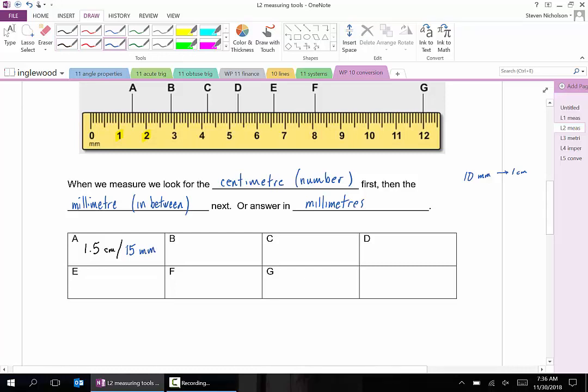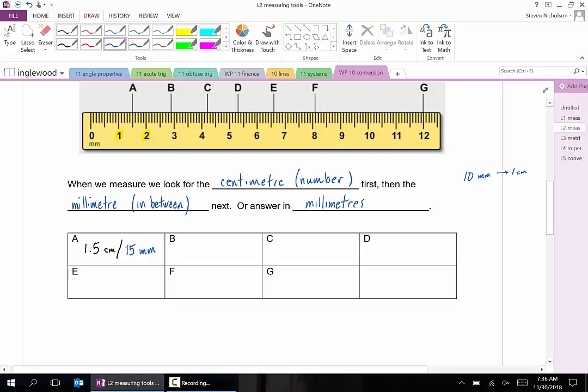So again, when we read these things, do the numbers first. Numbers count as centimeters, then do the in-between second, that's the point. We should also be able to just count in millimeters, and instead of counting 1, 2, 3 millimeters, 10, 20, 30.